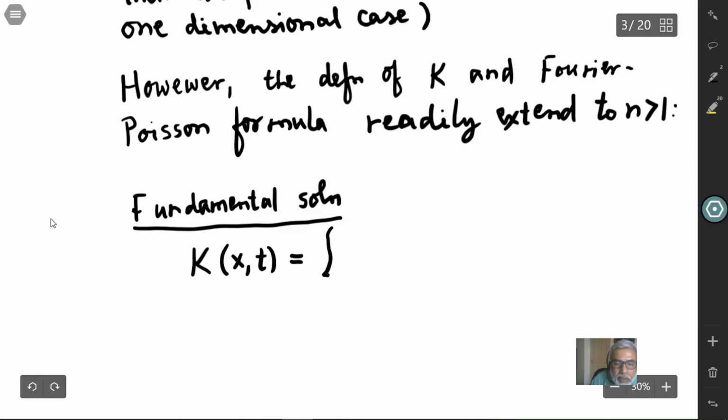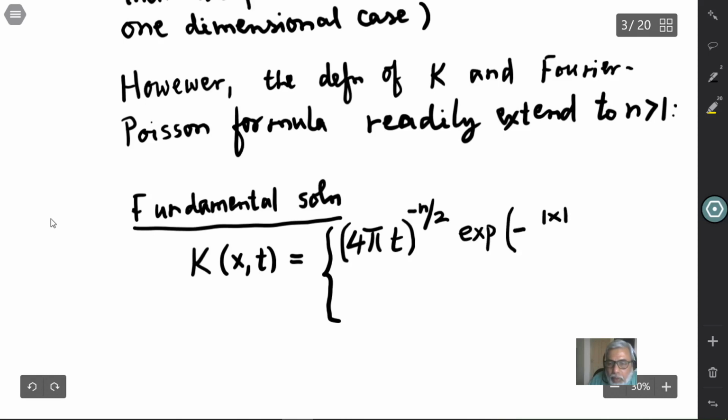This is 1 over 4 pi t to the power n by 2, so this factor remains the same, but now the exponent changes. That's n by 2. The exponential of minus norm x square by 4t. Again, this is for t positive and 0 for t less than or equal to 0.